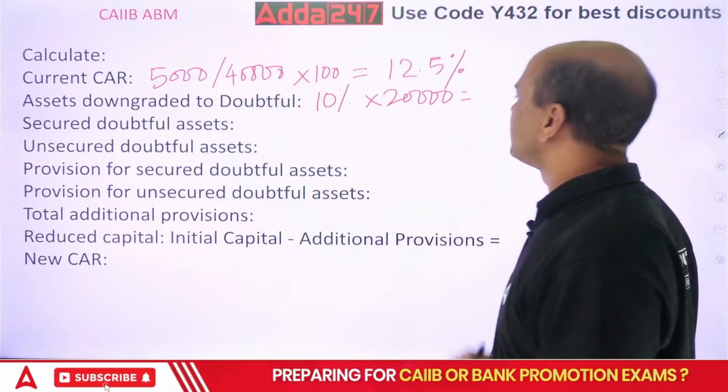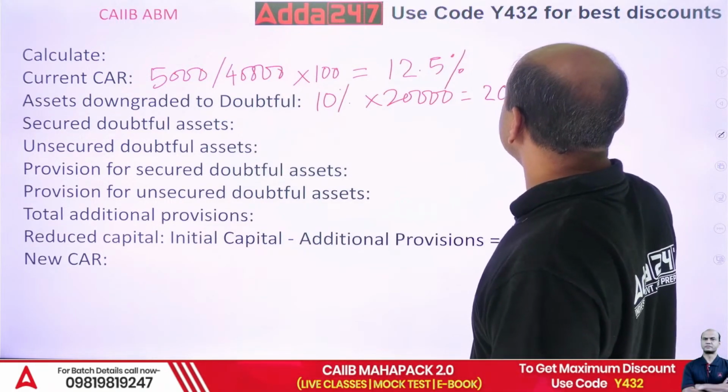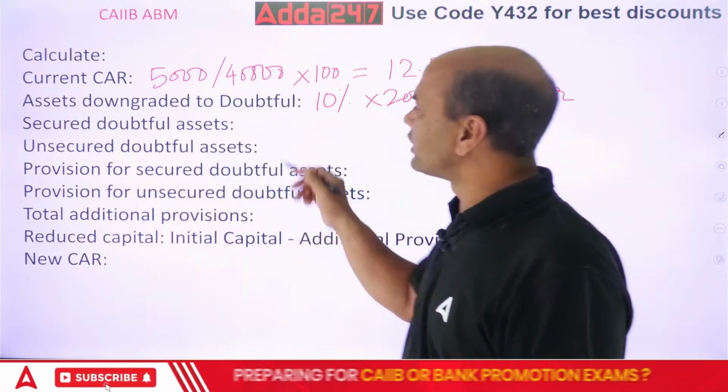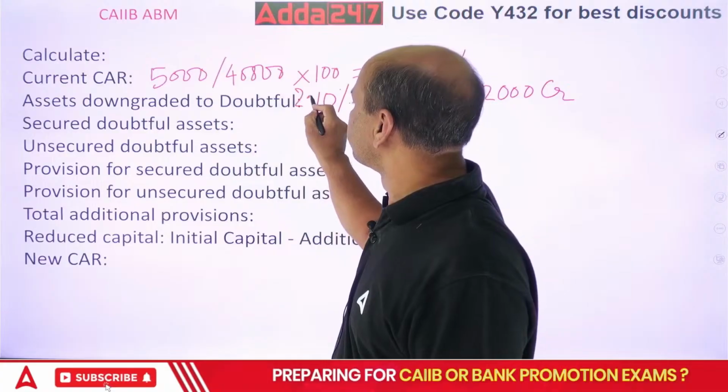So 10% into 20,000 crore is 2,000 crore. This much is downgraded to doubtful 2. Let's write 2 over here.